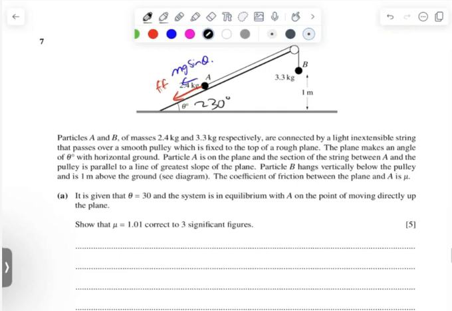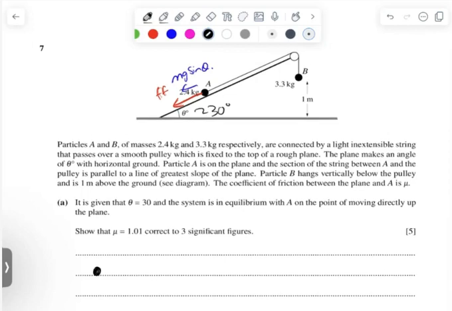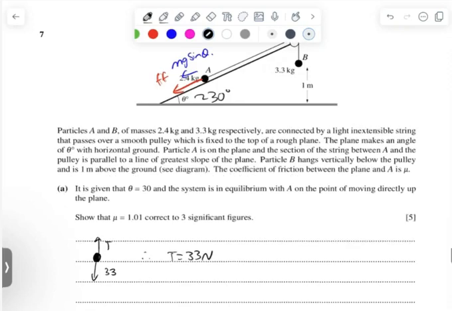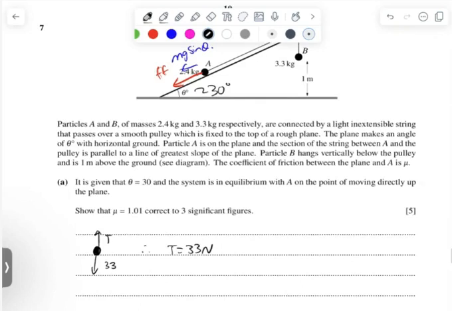Okay, so because it's not moving, that helps already. So if I looked at particle B, I can quickly work out my tension because it's just going to be opposite my weight. Tension is 33 newtons. Okay, this is only because it's not moving. As soon as it starts to move, the tension in the string changes.